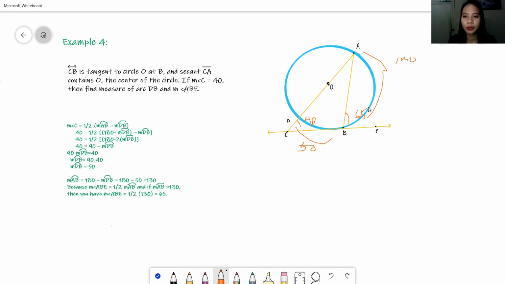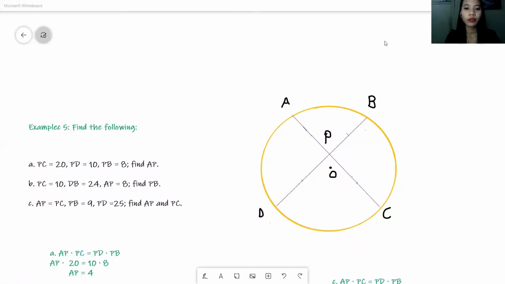Okay, let us proceed now to our example 5. In example 5, we are using theorem 18, which states that if two chords intersect within a circle, then the product of the lengths of the segments of one chord is equal to the product of the lengths of the segments of the other chord.